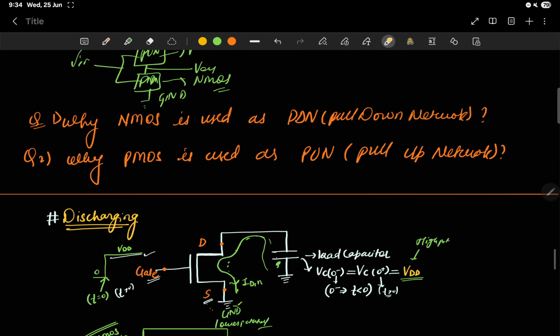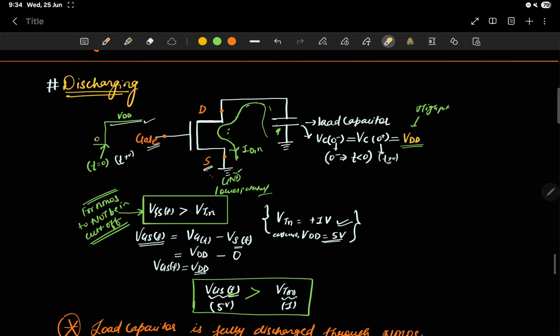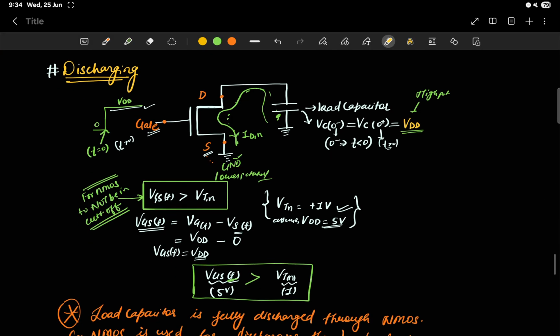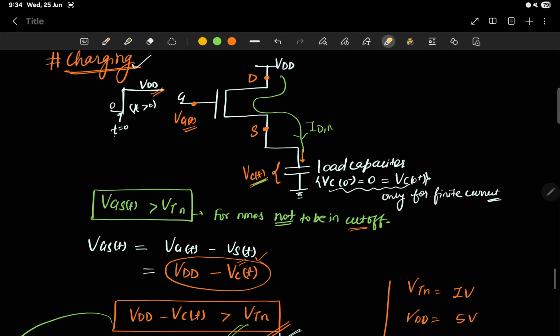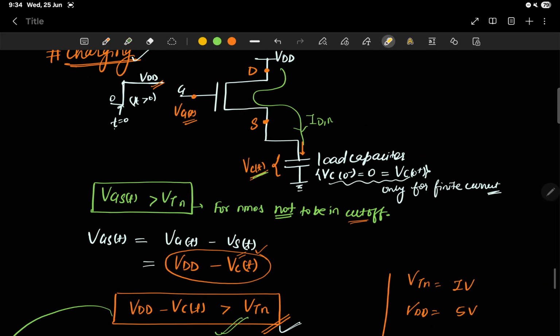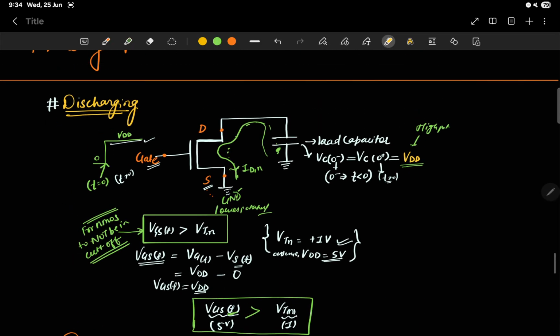With reference to that, we are seeing the cases of charging and discharging of that capacitor, and we are doing some analysis. So this was a case of discharging. You can see this is for NMOS, and this is for charging. When there is a discharging, we connect it like this.